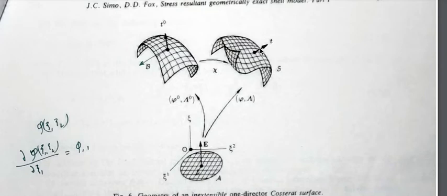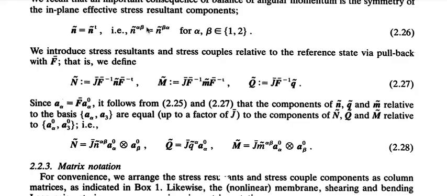Here it is expressed in terms of phi comma alpha, phi comma beta convected basis, but now we are bringing it back over to this convected basis, which is in the original undeformed shell configuration, and that we write as capital N, capital M and capital Q, and these spatial configuration parameters we write as small n, small m and small q. So the only difference in these to this is a factor of j, and that we bring over there.